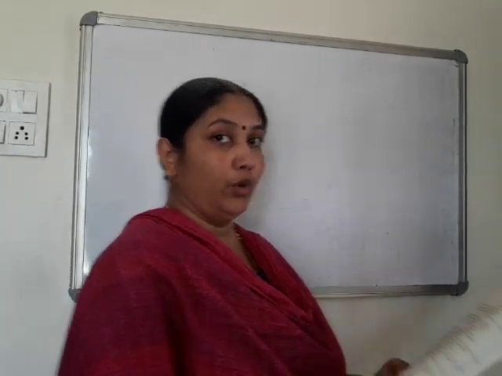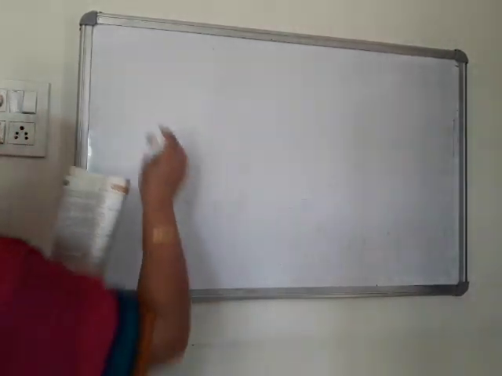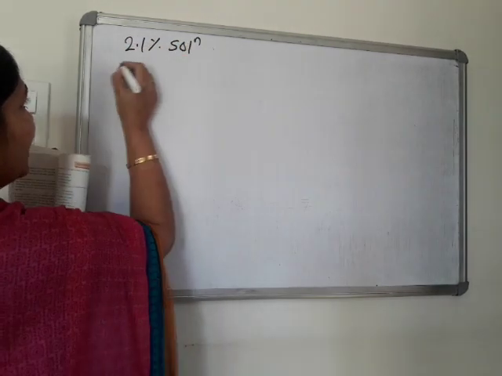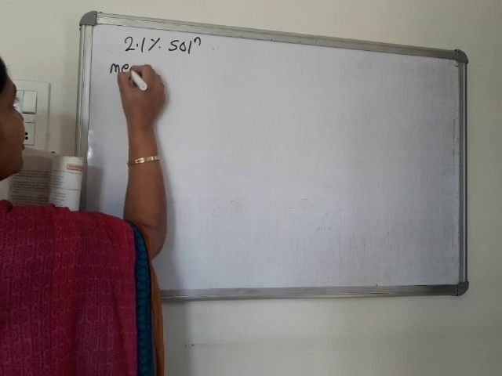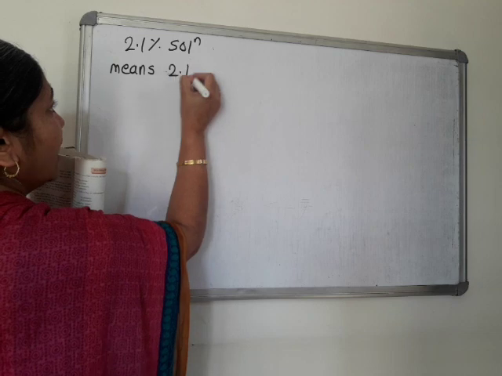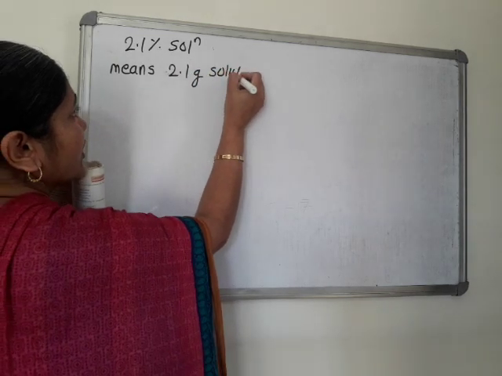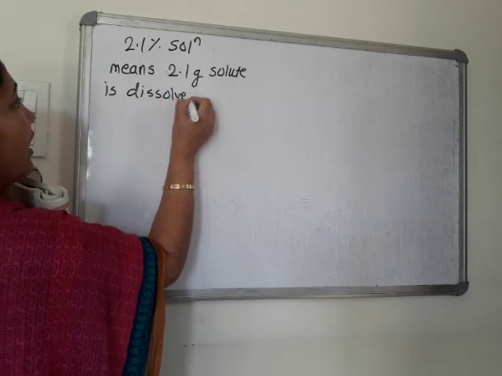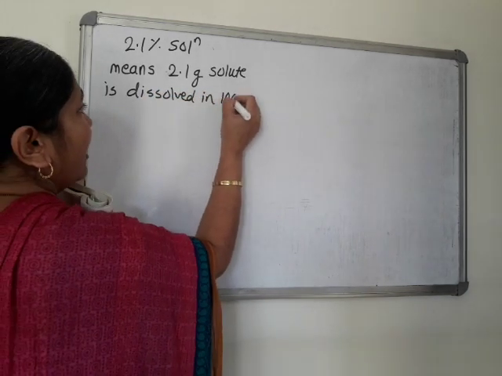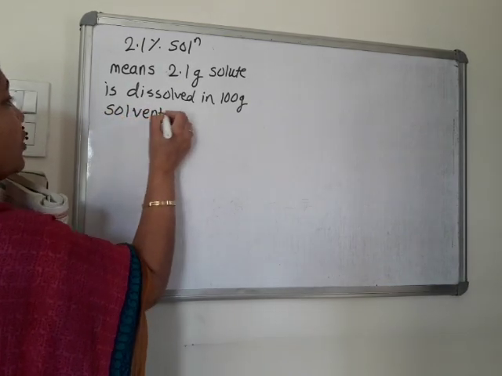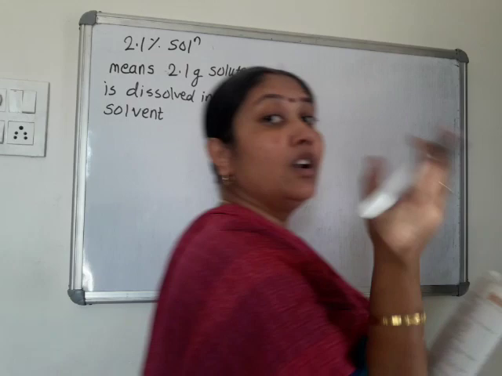We will consider the percent solution as W by W. What does it mean? 2.1% solution means 2.1 gram solute is dissolved in 100 gram of solution. Understood? Percent means per 100.